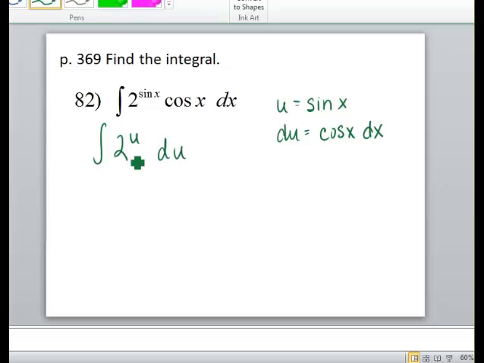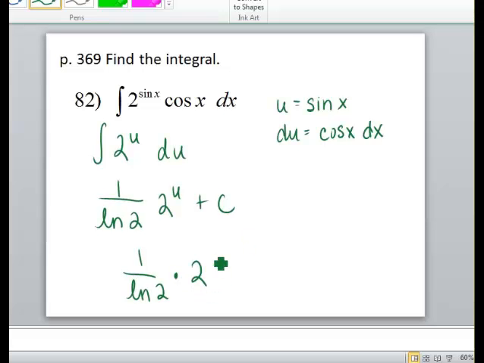The integral of the exponential would be 1 over ln of 2 to the u plus c. So I get 1 over ln of 2 times 2 to the sine x plus c. We could just put parentheses there as well.